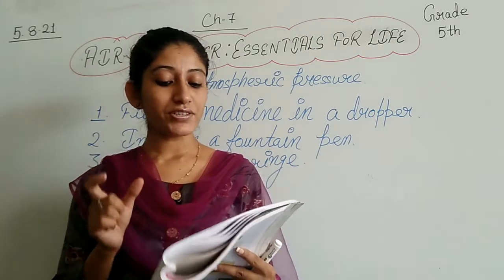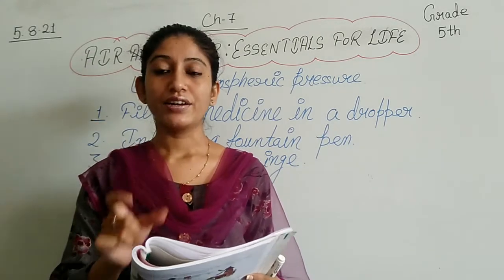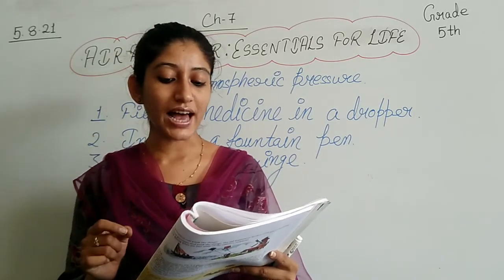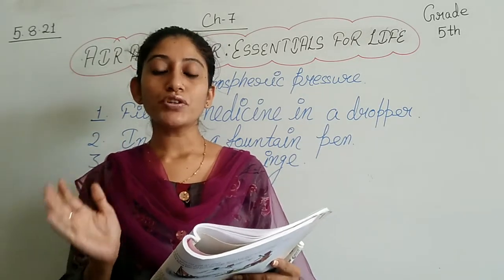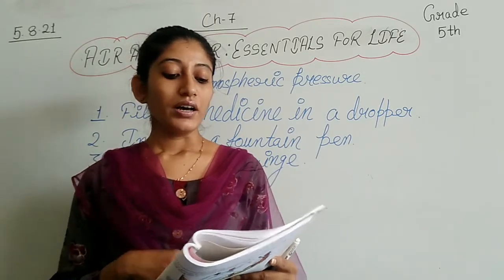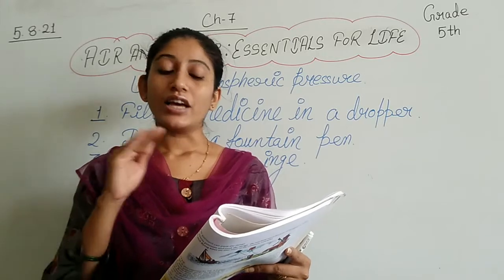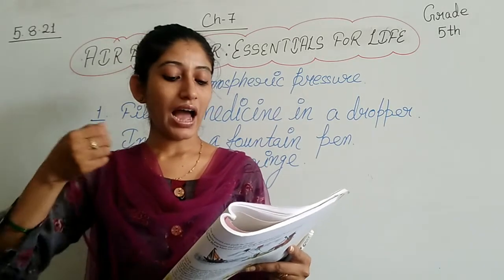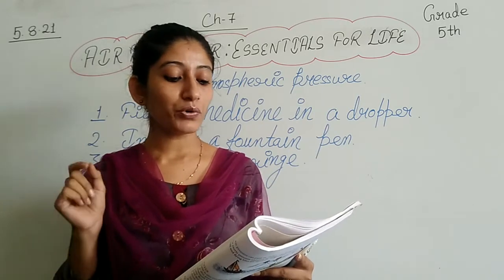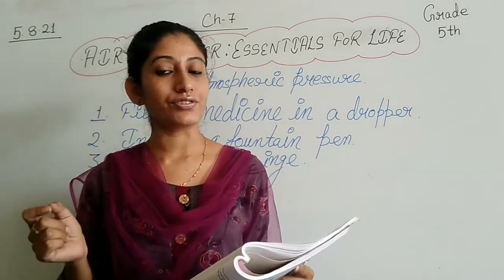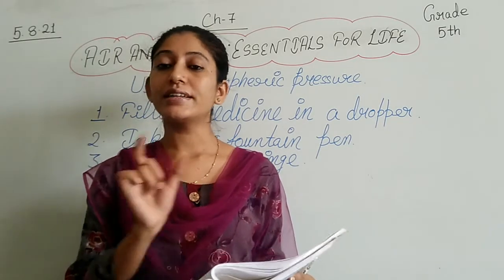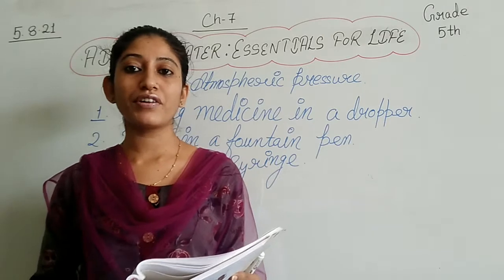When we push the piston of the syringe inside, air is pushed out through the narrow hole, as I told you. When we put the needle in the liquid medicine and pull the handle outside, air pressure pushes the medicine into the syringe. So in this way, we are able to fill medicine in a syringe. I hope it is clear to everyone.